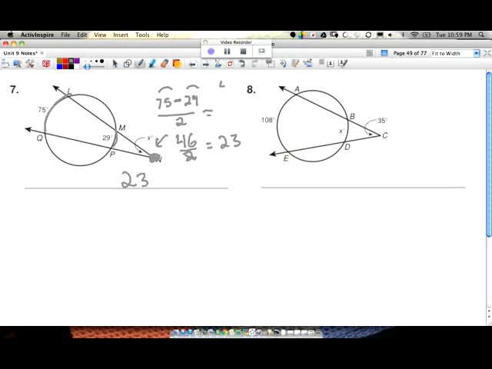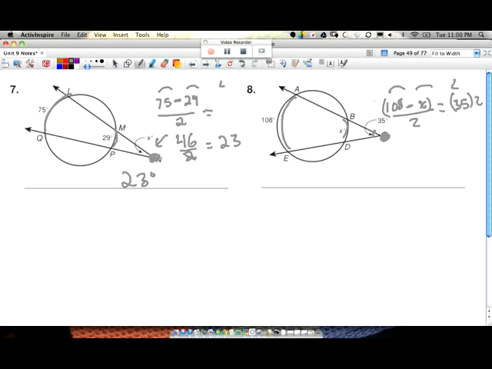All right, now let's look at these ones. So we got 108 for the big arc, x for the little arc, and 35 degrees for the angle. Remember, we have the arc-angle relationship. Of course, we divide the arcs by 2. And since we are outside for this intersection, that means we're going to subtract. So we got 108 minus x equals 35. Don't forget to divide by 2. So to get rid of that denominator of 2, I'm going to multiply each side, left and right, by 2.